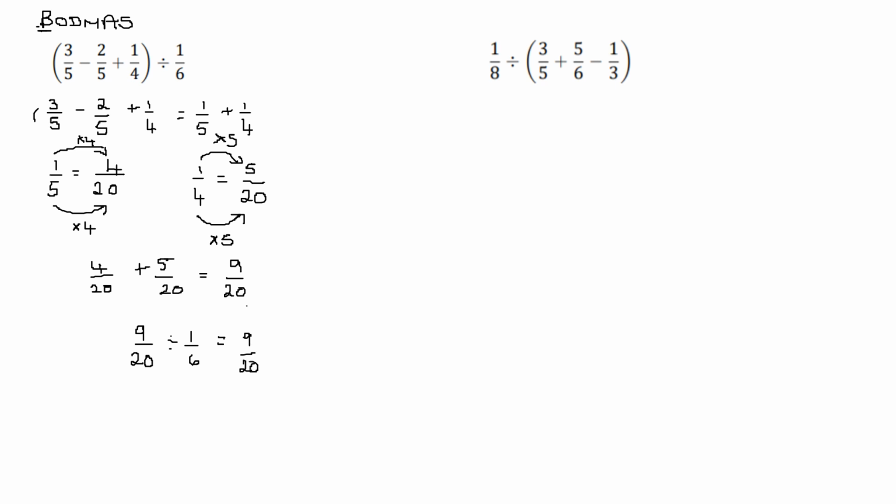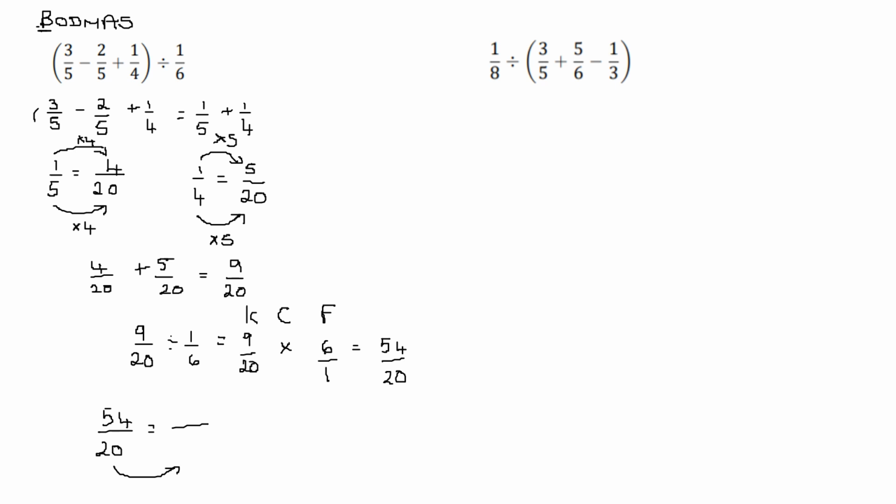Remember, we're going to keep that. We're going to change our division to a multiplication, and we are going to flip our second fraction. That's going to give us an answer of 54/20.